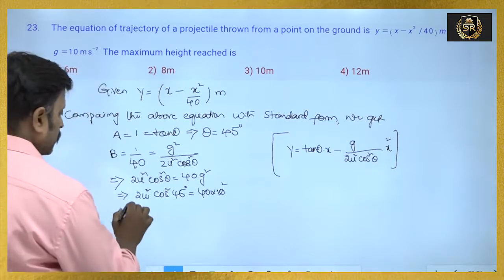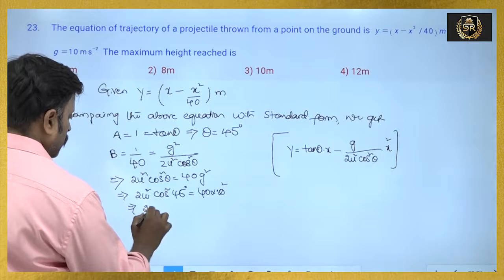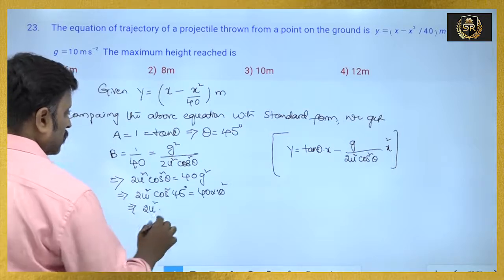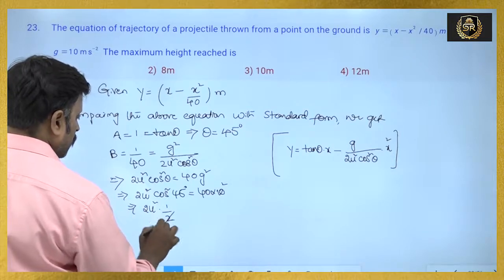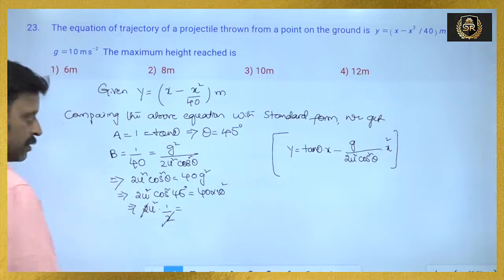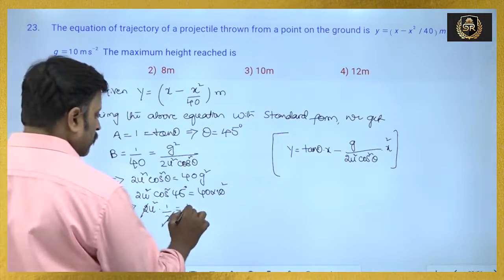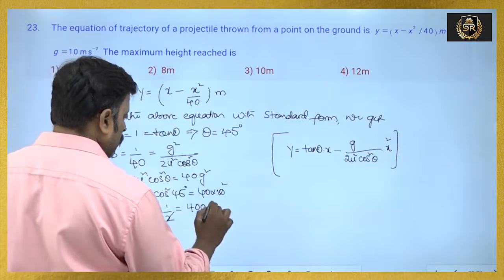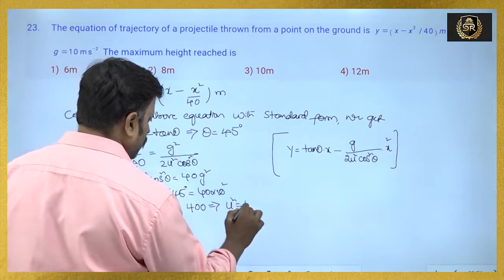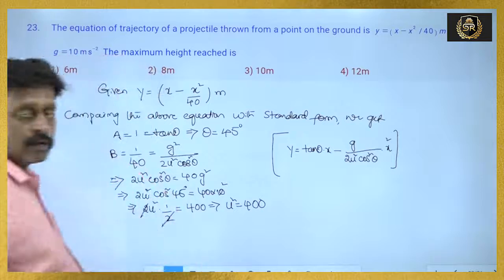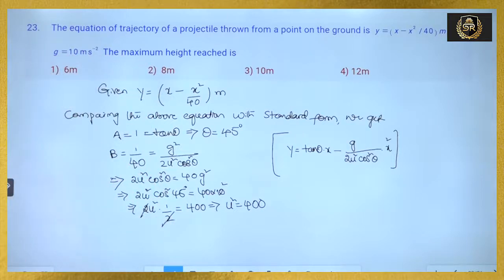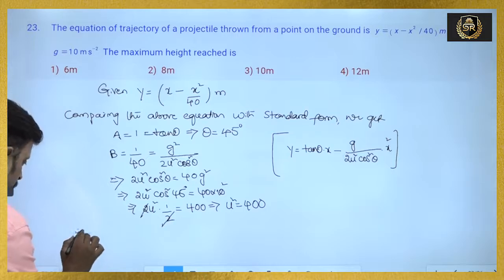If you simplify this, cos square 45 is 1 by 2, the 2 cancels. You are left with 400. So u square value we got as 400.